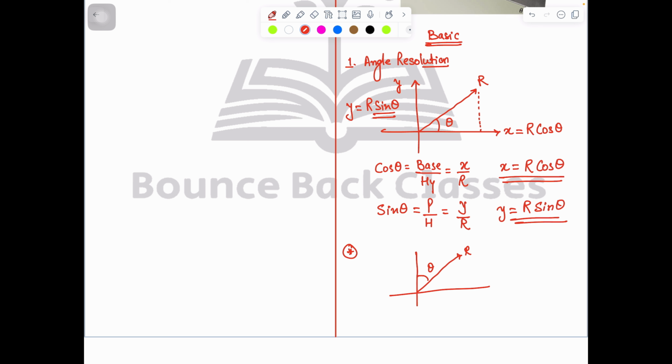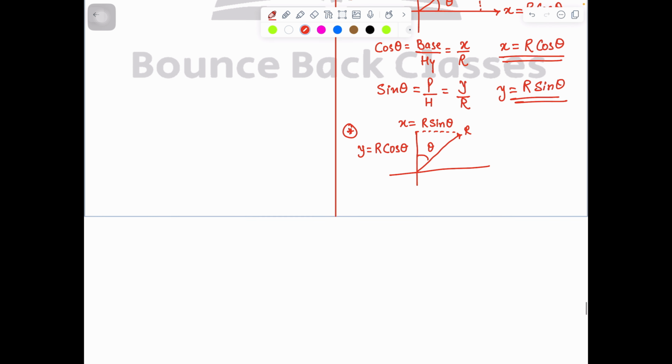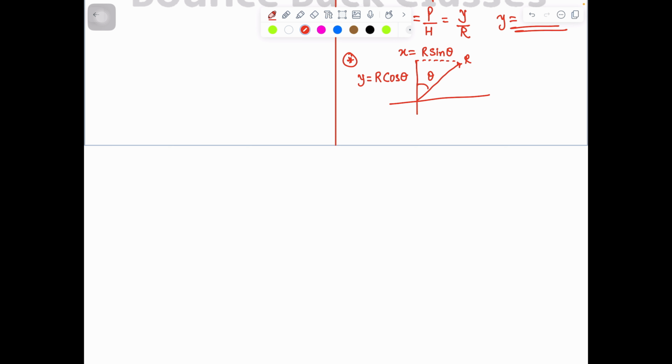Let's say the angle is here, how to solve this? This is the same r. Can I make this triangle? Yes or no? If you solve this part, y is equal to r cos theta, and x will become r sine theta. So it is not the case that x is always r cos theta or r sine theta. What is the shortcut to understand this part?